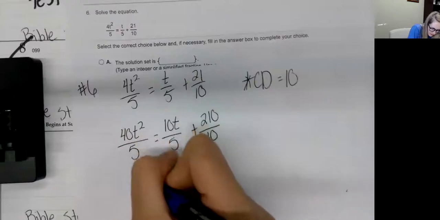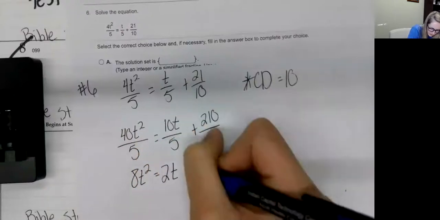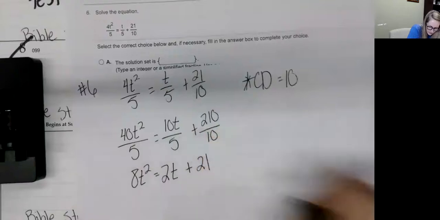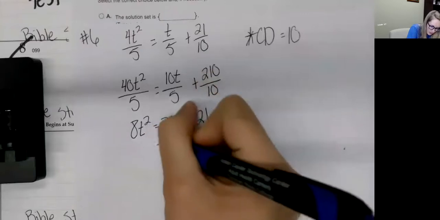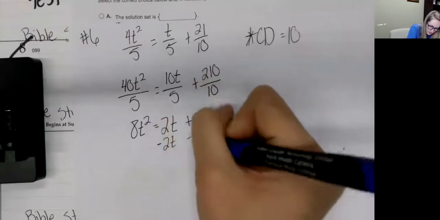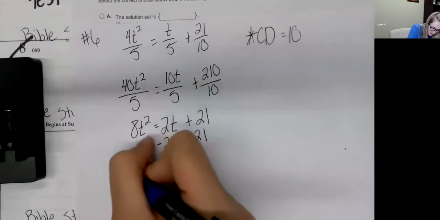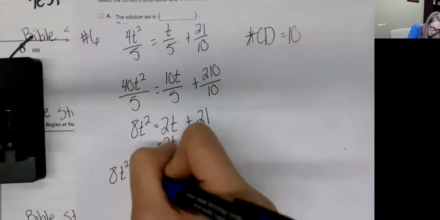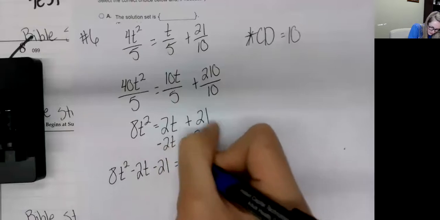So I'd have 8t squared equals 2t plus 21. Now I'm going to get everything on the same side because I need it to be equal to 0. So I'm going to subtract this 2t and subtract 21. So I'd have 8t squared subtract 2t subtract 21 equals 0.